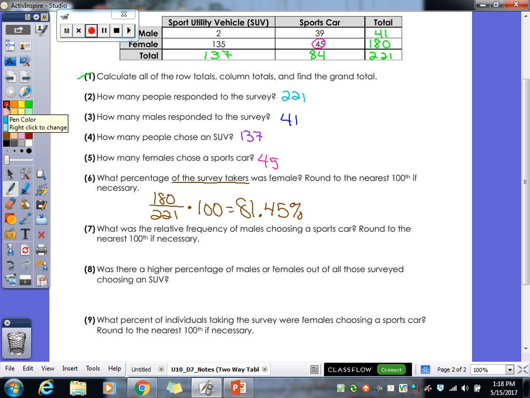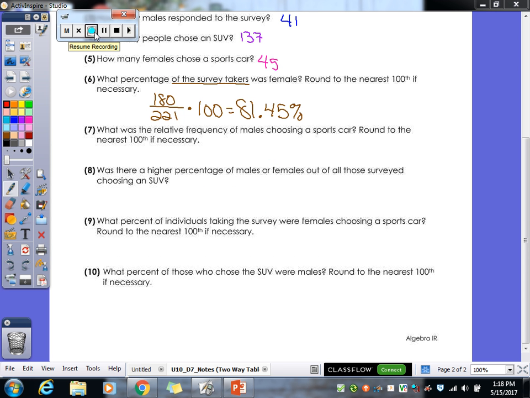All right, next one. What was the relative frequency of males choosing a sports car? Since it says of males, this time it's going to be out of 41, because only 41 males responded to the survey. How many of those 41 chose a sports car? 39 of them did.